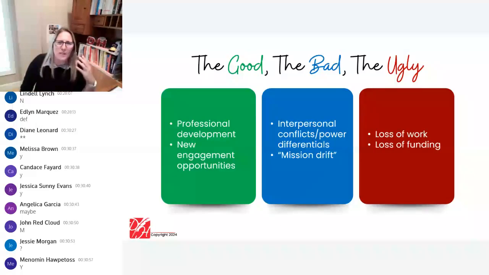When folks come together with strong intentions about their why for what they want to collaborate about, we find lots of stories that fit into the green, the good. But it takes a lot of hard work by both or all, depending on how many organizations you have, to not drift into some of the yucky, blue, bad stuff on the screen.